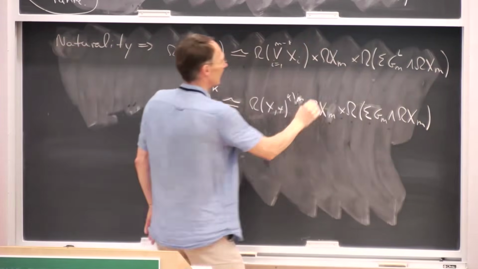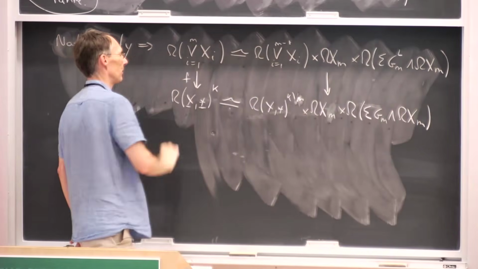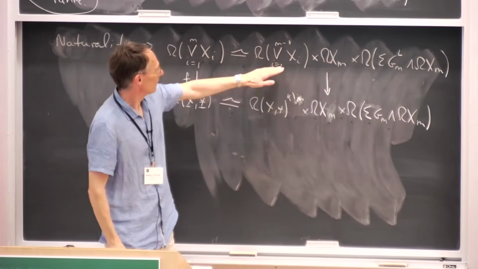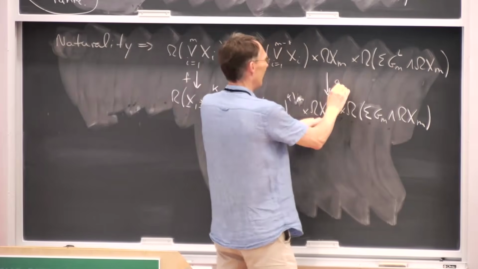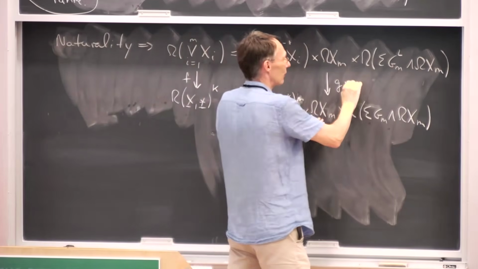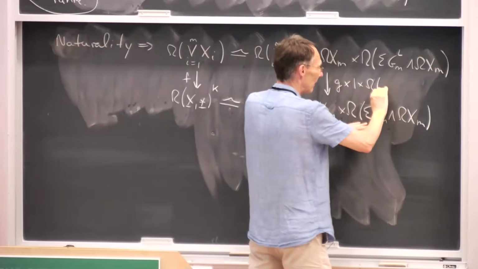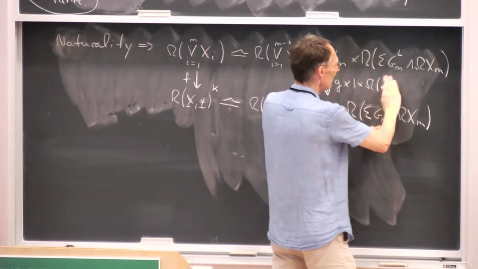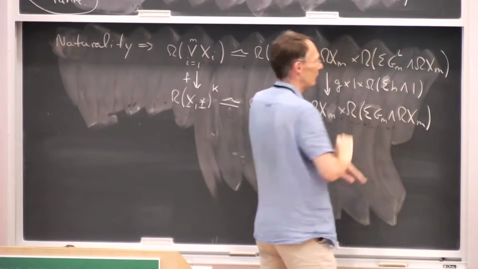And the maps here, if I call this one F, just to give it a name, this will be a product that will look like some map of restrictions called g. You'll have an identity on the loop X_m. And on this part, you'll have the loop of some map of G's suspended, smashed with the identity on loop X_m.